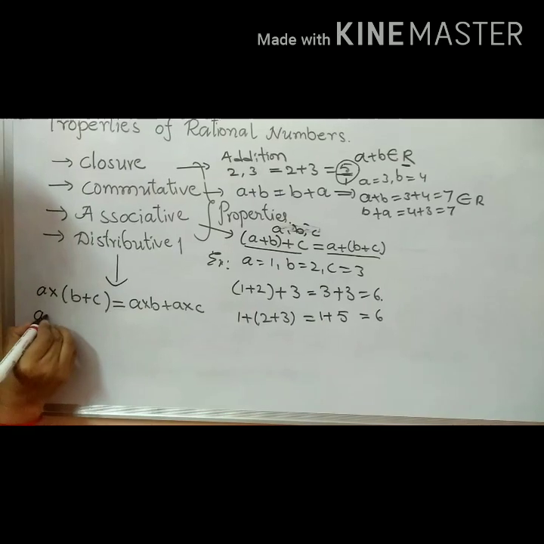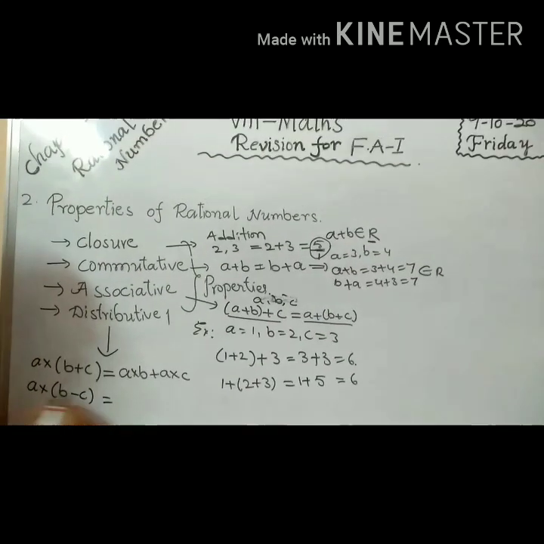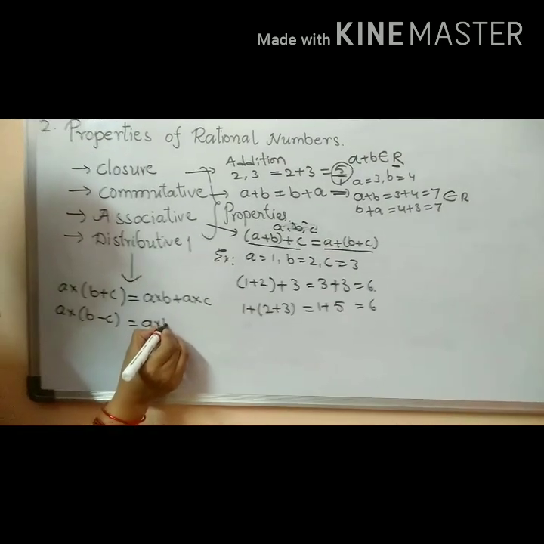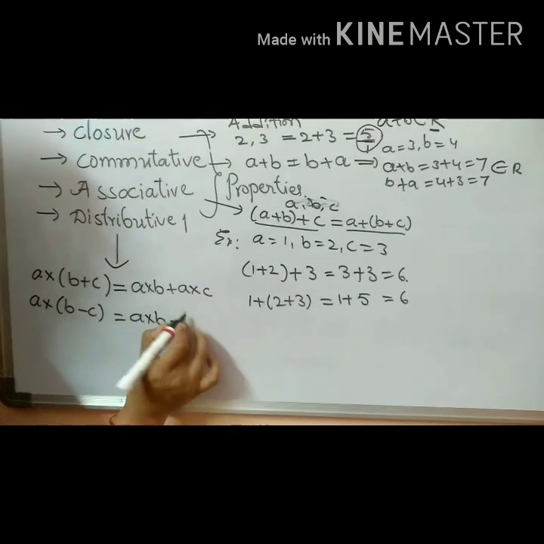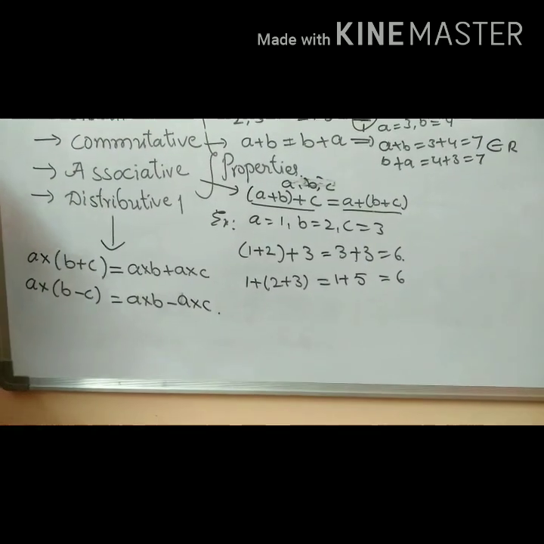At the same time, A into (B minus C) equals A into B minus A into C. So it is the distributive law.